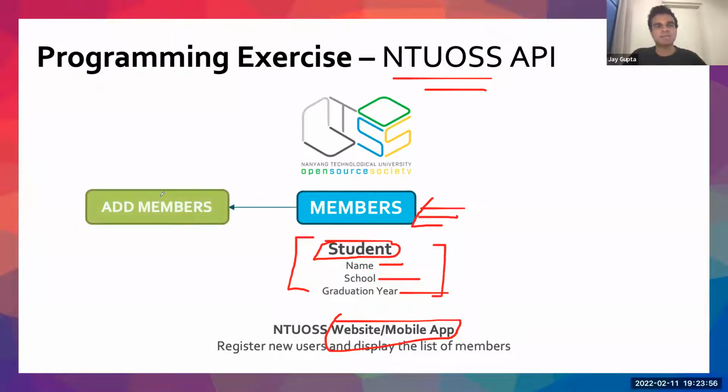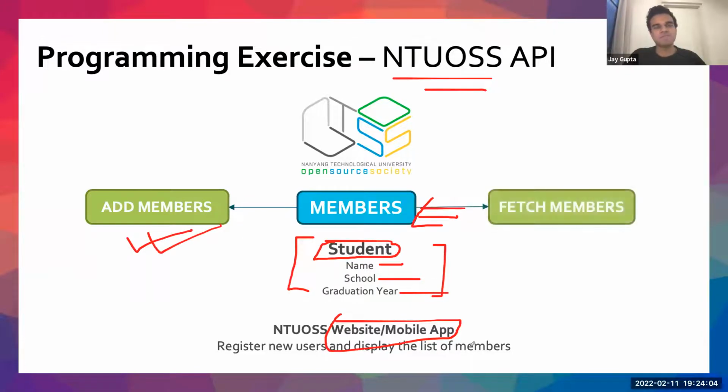Now we want an API that can add members to the NTU OSS list. And we also need a function which can fetch members from the list. So for example, on the website we can provide a form. The form will ask you to enter these three details: your name, your school, your graduation year.